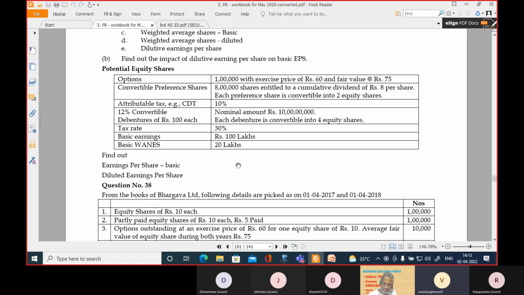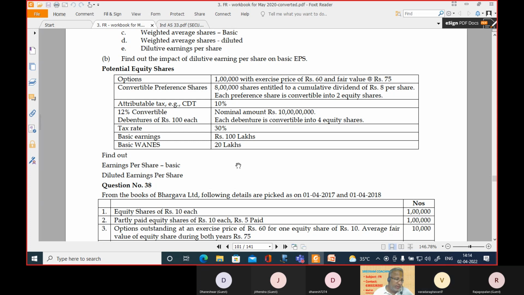Each preference share is convertible into 2 equity shares. Attributable tax, say CDT 10%. 12% convertible debentures of rupees 100 each, nominal amount of rupees 10 crore. Each debenture is convertible into 4 equity shares. Tax rate 30%. Dilutive earnings 100 lakhs. Basic shares 20 lakhs. Find out basic earnings per share and diluted earnings per share.